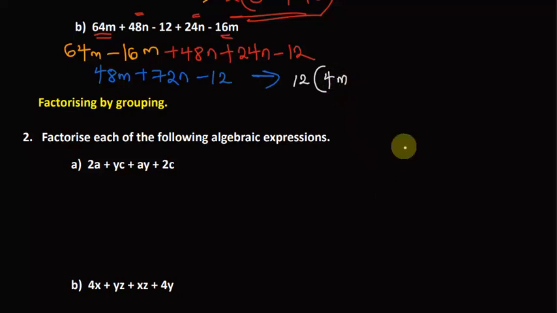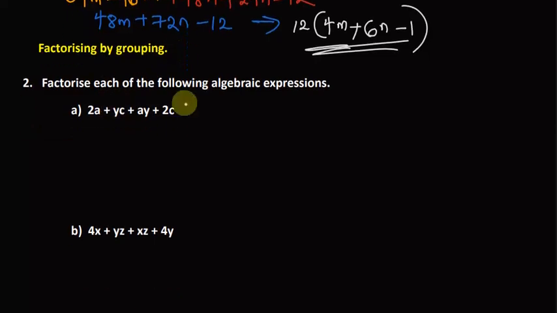Second part plus 72 divided by 12 is 6, so plus 6n, then minus 1. This is what we will be having. So this is our answer. Let's look at the third.